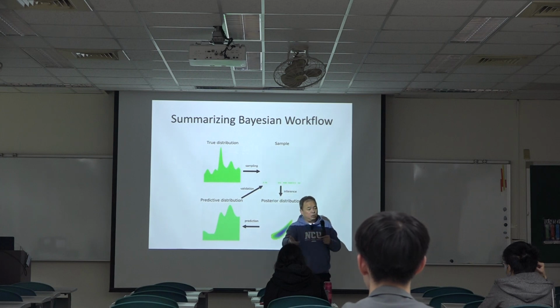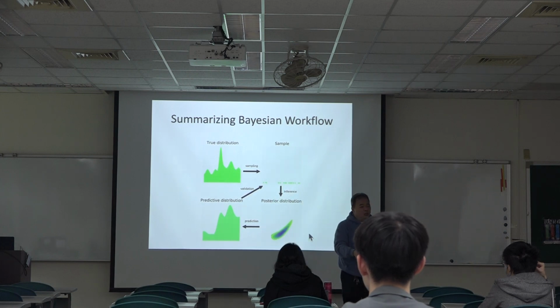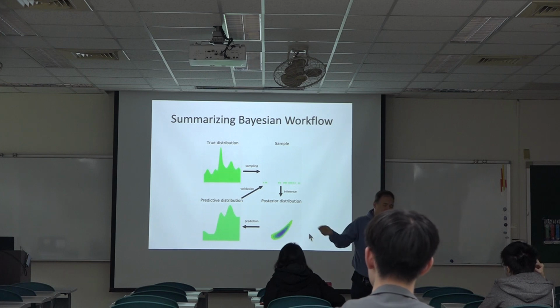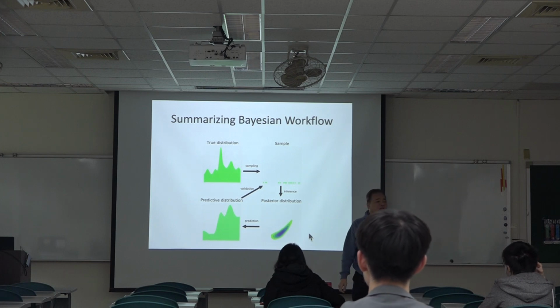Just like when you flip the coin, you do not know the real value of theta, right? Somebody gives you a coin, or even if you get the coin from the government, you still don't know the theta of that coin. You can make an assumption.